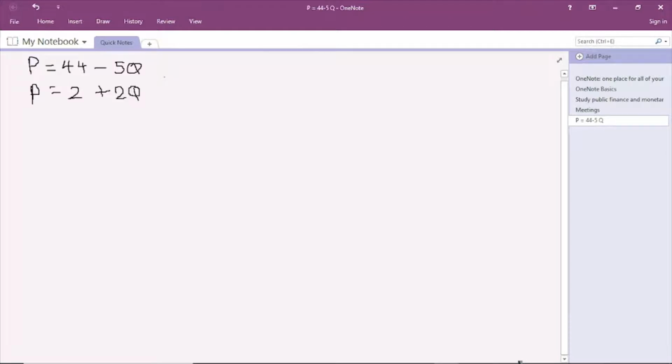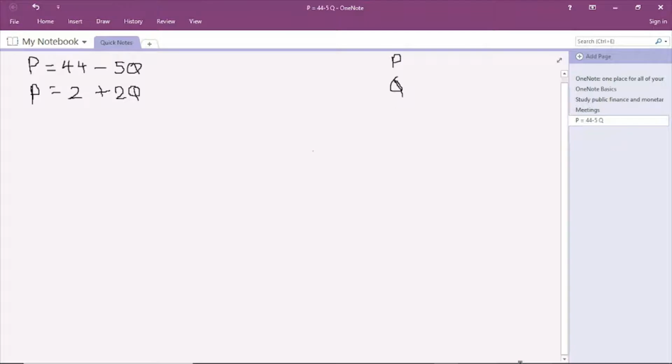And then they ask you to find the price that consumers are willing to pay, and also the quantity that consumers are willing to buy. So they're asking you to find P and also find Q. So what can you do?